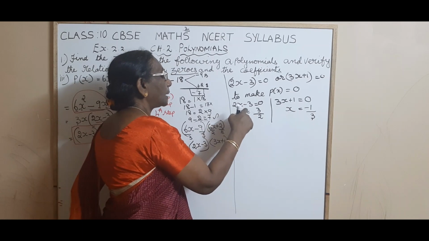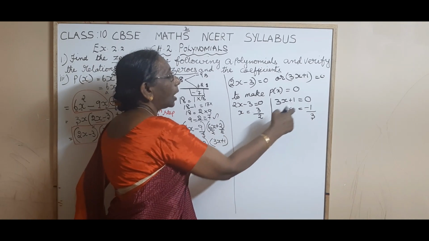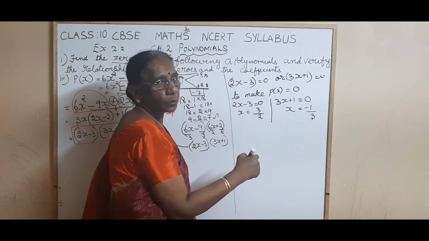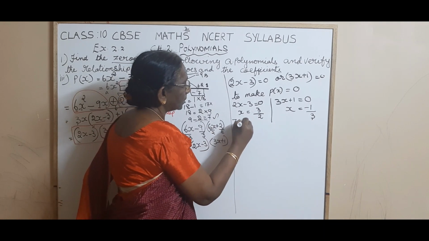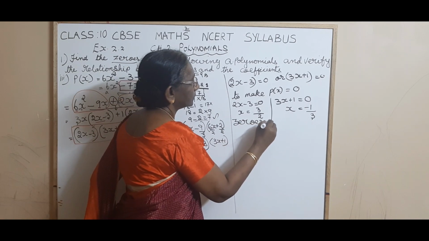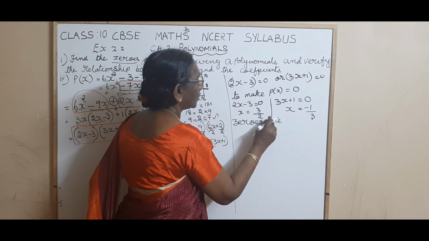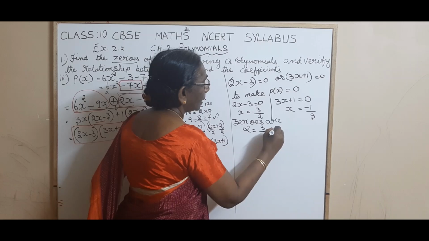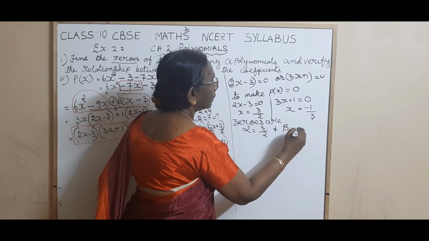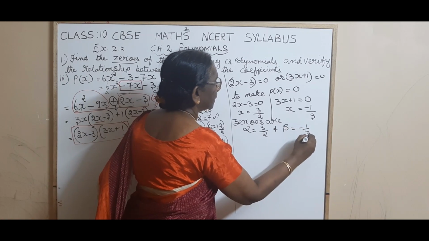So x is equal to 3 by 2 or minus 1 by 3 are the zeros of the polynomial. So you can write the zeros are alpha is equal to 3 by 2 and beta is equal to minus 1 by 3.